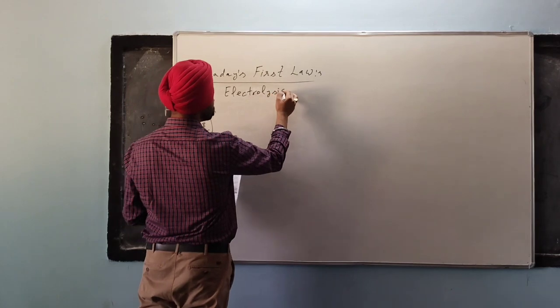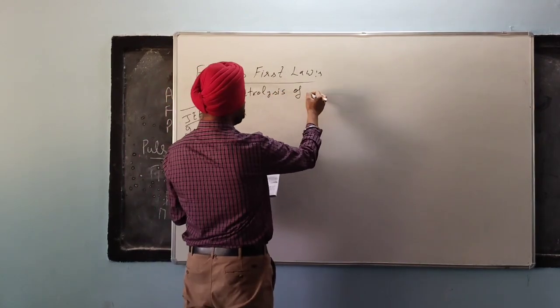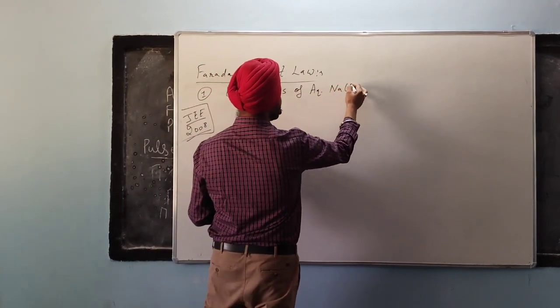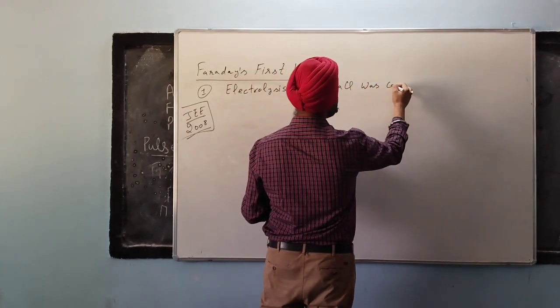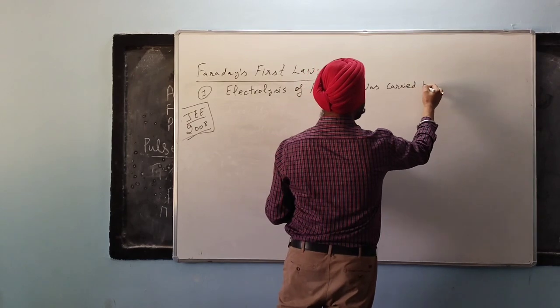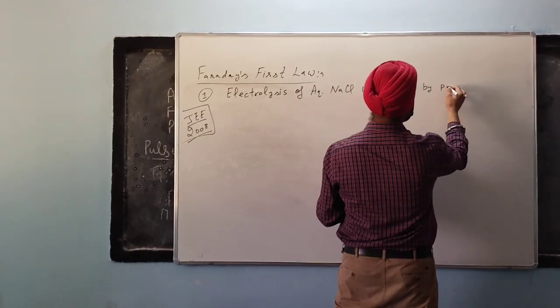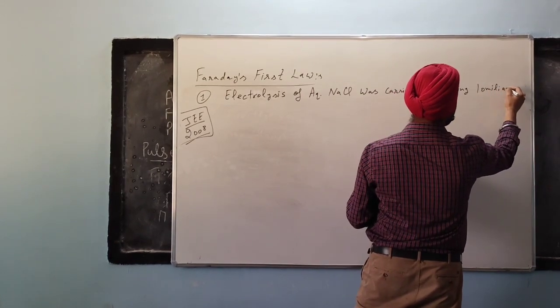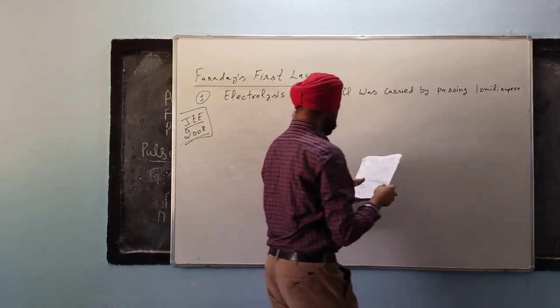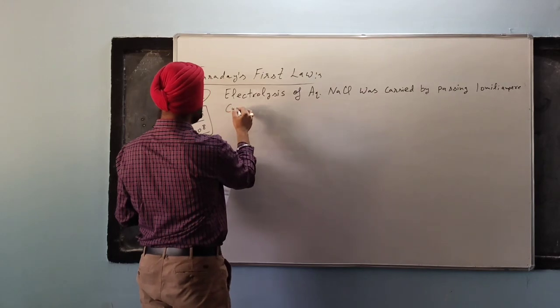The question is: electrolysis of aqueous NaCl, sodium chloride dissolved in water, was carried out by passing 10 milliampere current.